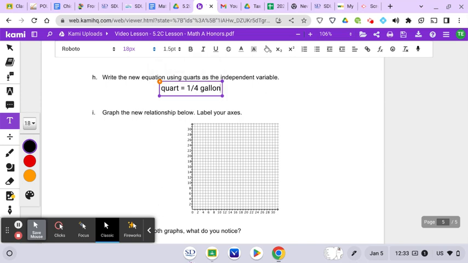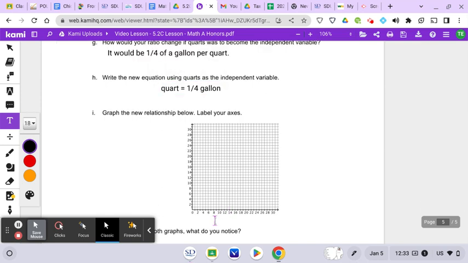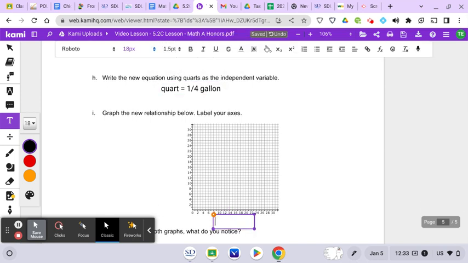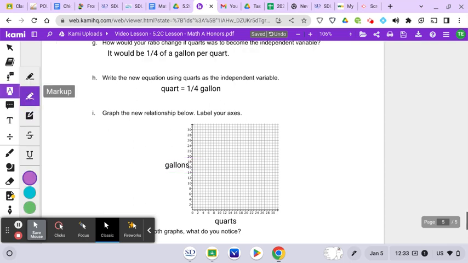So we're going to get a flatter line. So if this over here becomes my quarts, sorry, and this becomes my gallons, I'm still going to be proportional. But I have to go to 4 quarts to get 1 gallon, so I'm down low. I have to go to 12 quarts to get 3 gallons.